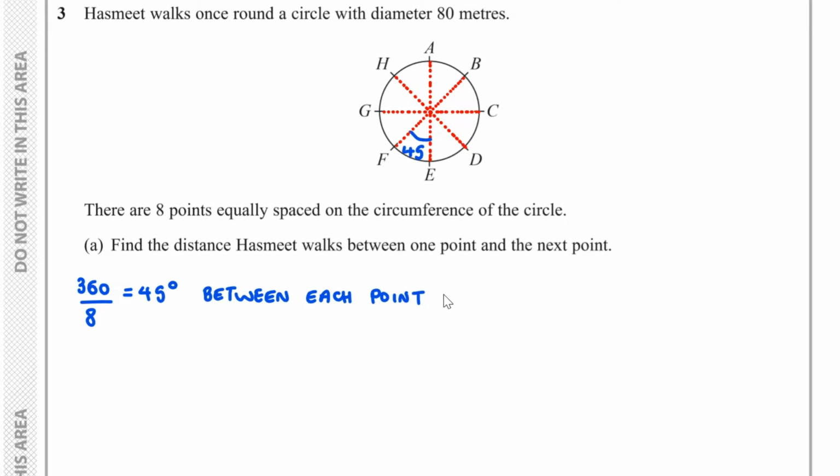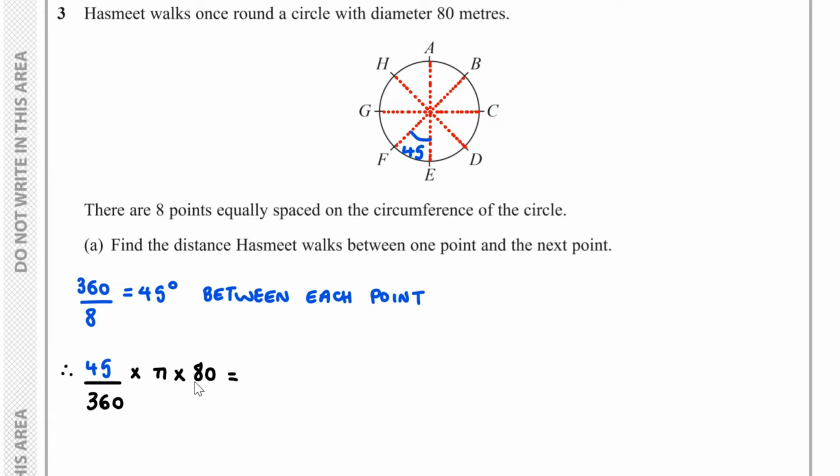For us to find the distance between one point and another point, of course we have an arc length which we need to find out, and that's given by theta, which is 45, divided by 360, multiplied by the circumference, which is pi times the diameter, which is 80.